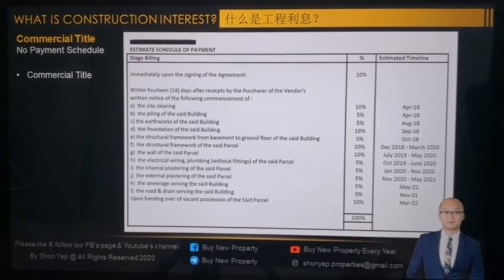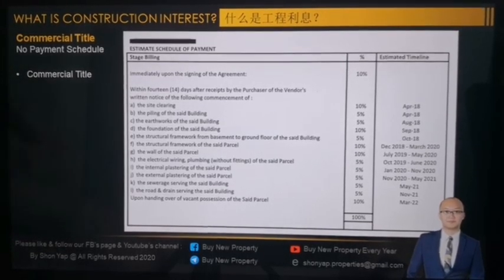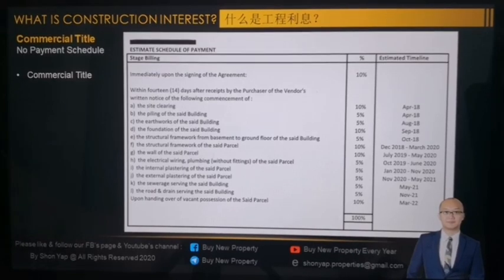Like there are some examples in PJ, Subang, Cheras or KL. Some commercial title properties really delay at least a few years. Maybe 3 years of project completion was mentioned, but they will delay 5 years, 6 years or even 8 years more.